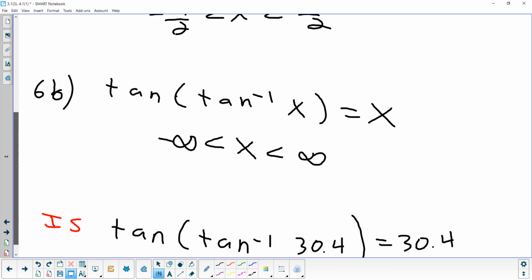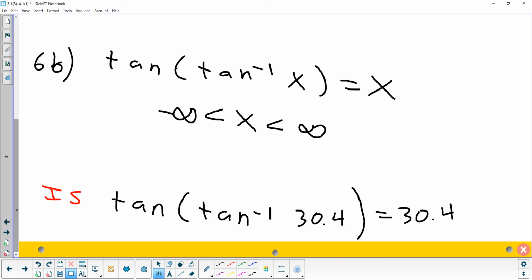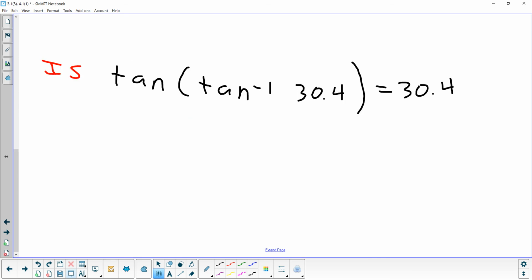Can I see them again? Yep. It is 6b. And what's the restriction on the number you can plug in for x in formula 6b? As high as infinity and as low as, which really means what? Any number. Okay, so is 30.4 any number? Sure is. You can plug in any number you want. So this answer here is yes.